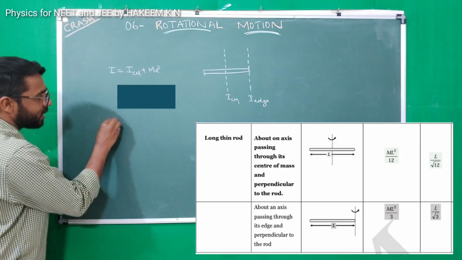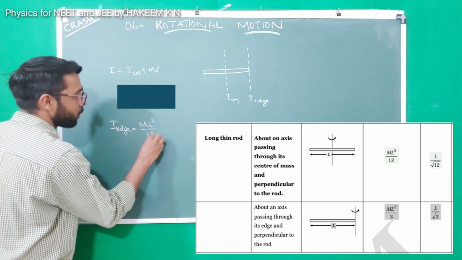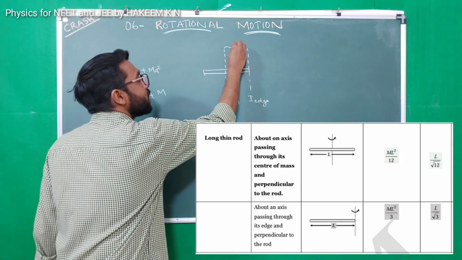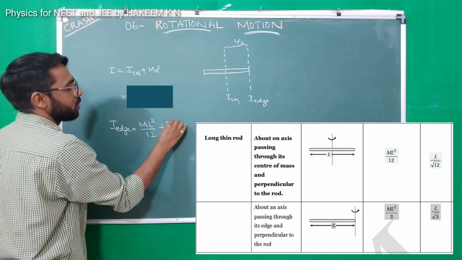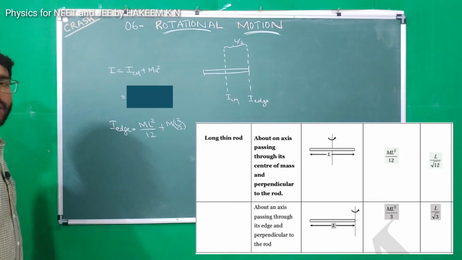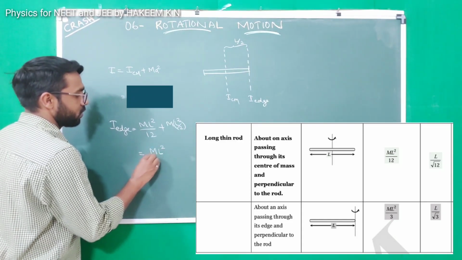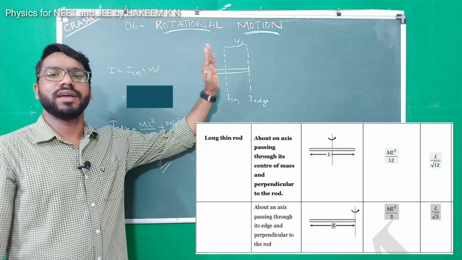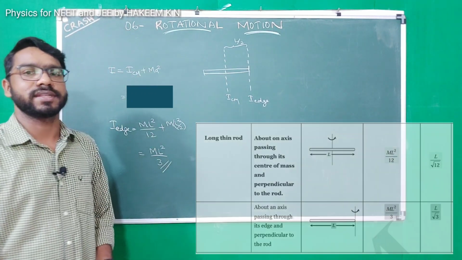So I edge equals what? Ml square by 12 plus Ma square. What is a? A is actually half the length of the rod, so we get M into l by 2 whole square. By calculating we get Ml square by 3, the moment of inertia about an axis perpendicular to the rod and passing through its edge.